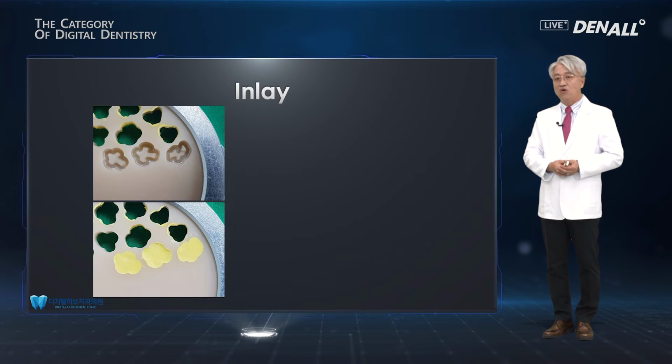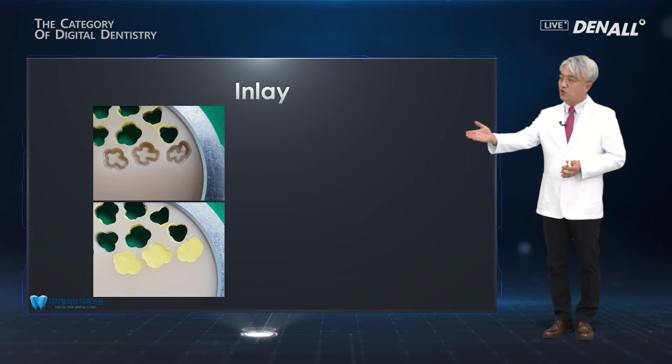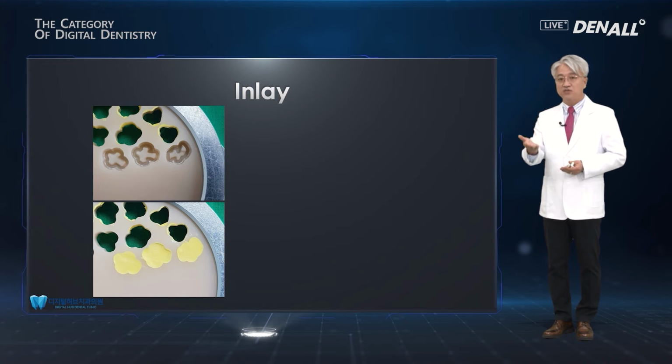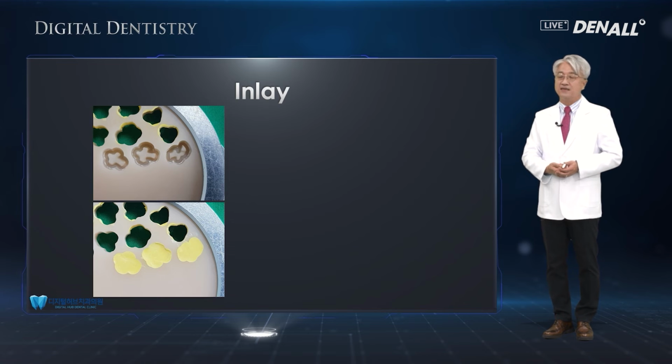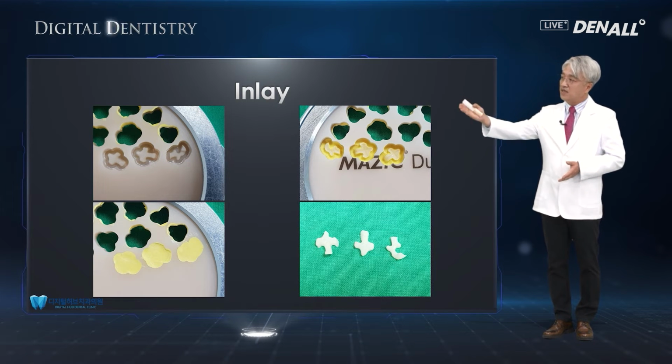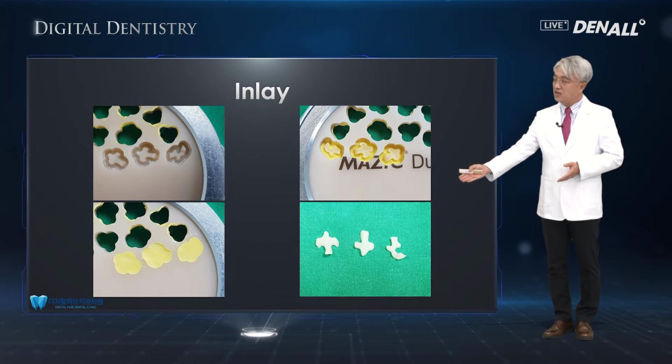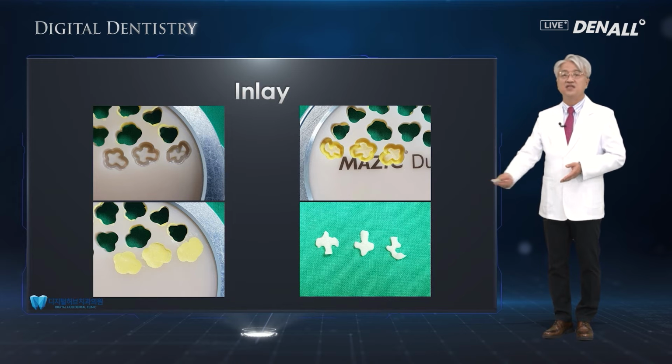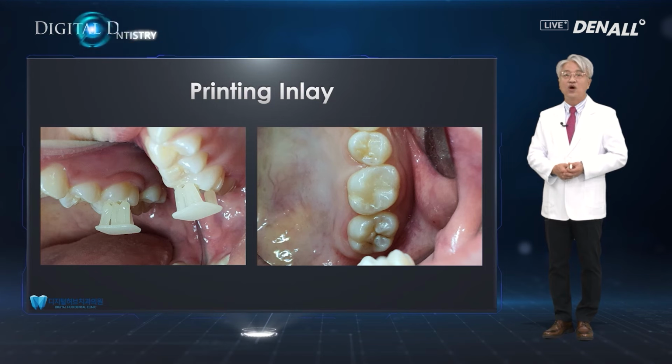So first I cut the occlusal surface, the upper side, and then I use the stone for submerging it and cut the other side. So two-step is what I do in milling, and with that, without support or screw, this inlay can be made and sent to the patient. So this is the preferred way for me in milling.